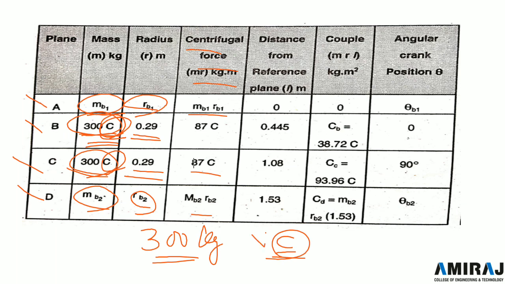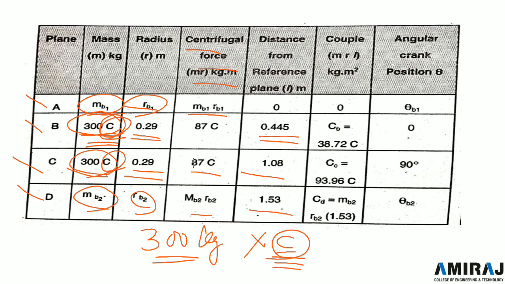So 300 into c. We have to find this value, how much portion we are balancing. The distance from the reference plane is 0.44 for the second plane, then for the third plane it is 1.08, and for the fourth plane it is 1.53.